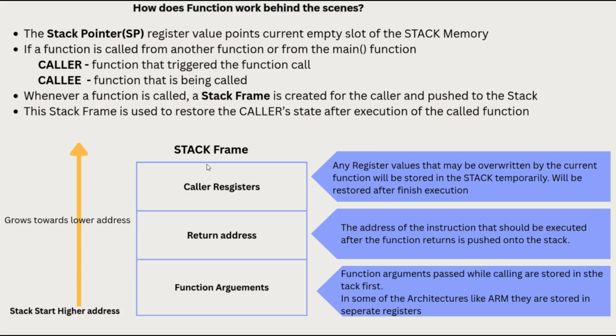So what is the stack frame? The stack frame is data that is copied and pushed to the stack. It contains the arguments passed to the function, the return address, which says where to return after the execution of the new function, and a backup of some registers. You take a backup of some registers so that if they are overwritten in the new function, you have them stored temporarily in the stack.